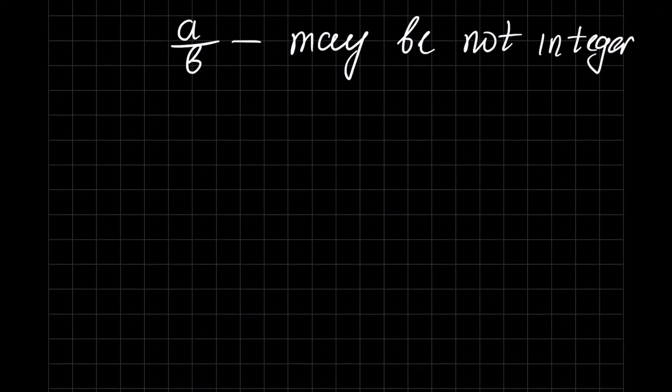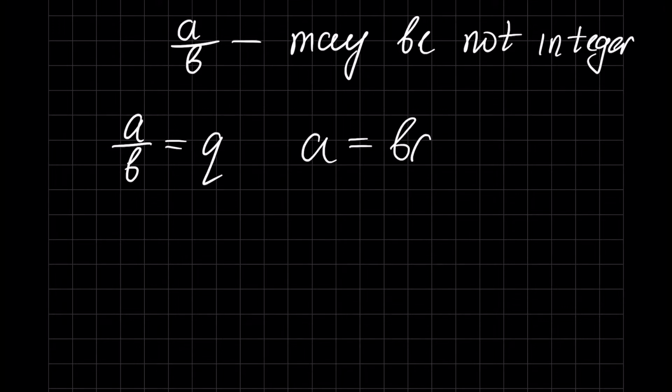If a ratio of two numbers, A divided by B, is another integer number, then we can write A is equal to BQ.